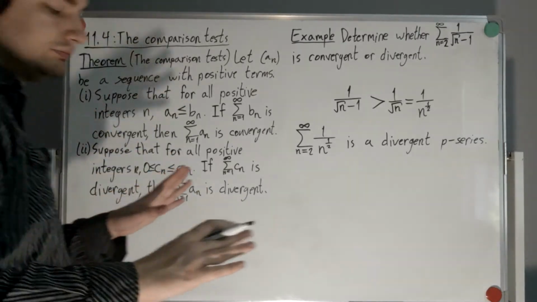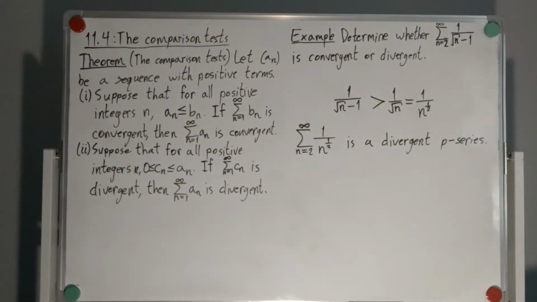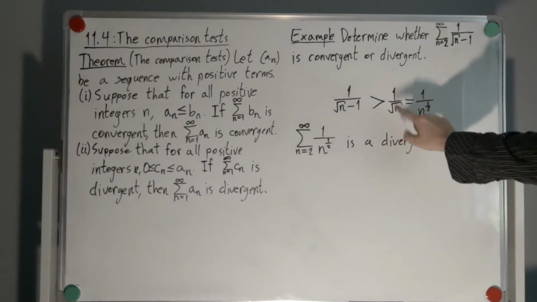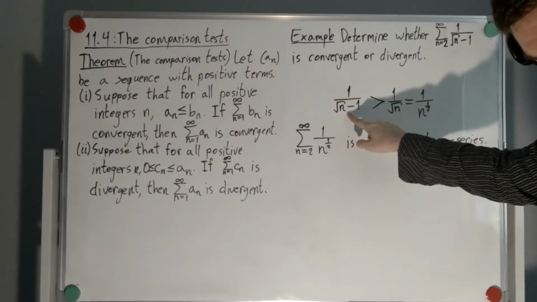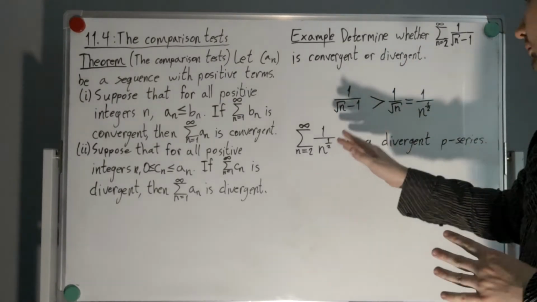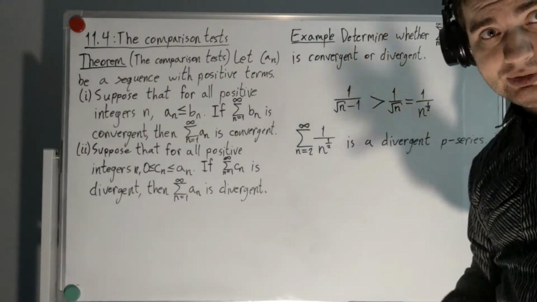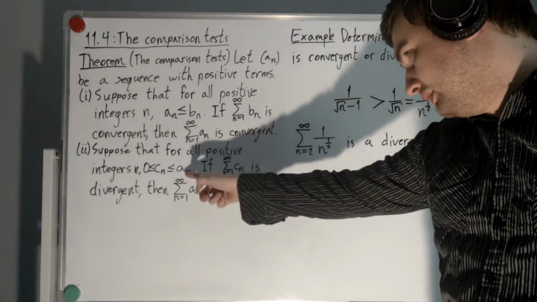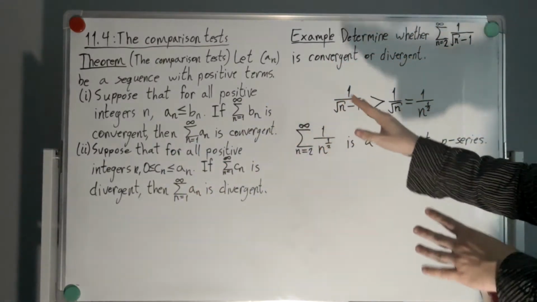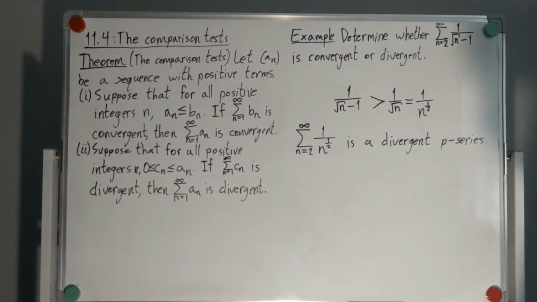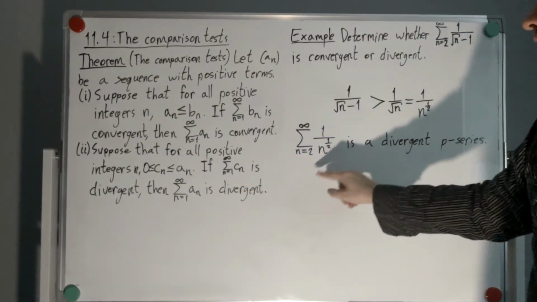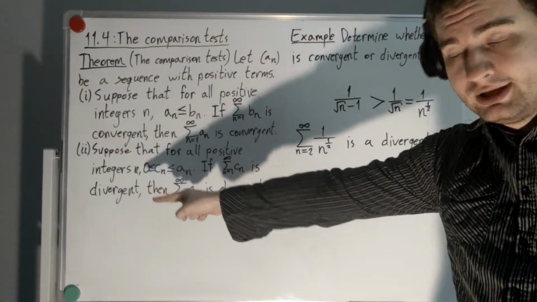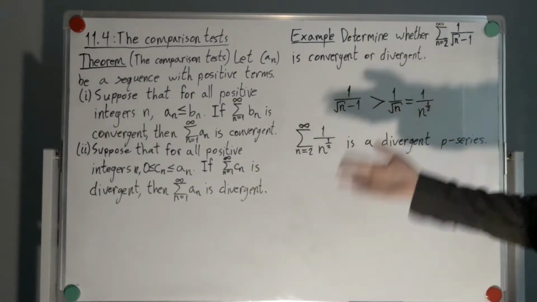All right, now let's look at what we're doing here. We found a sequence which has smaller terms than the terms of the series that we're studying. Okay? So we found a sequence that bounds the series that we're studying below. Okay? We found that this series with the smaller terms is divergent, so that means the series that we're studying is also divergent.